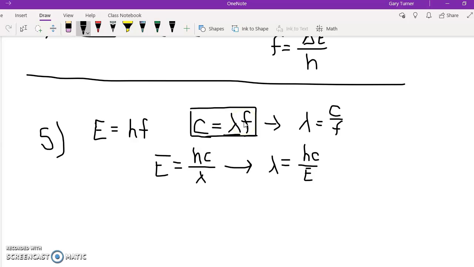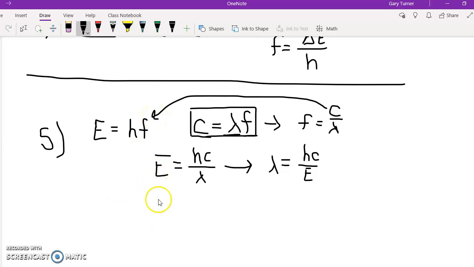So what this means is, actually I wanted to solve this equation for f. What I can do is solve this equation for f and get c divided by lambda, and then I can plug that result into my energy equation.